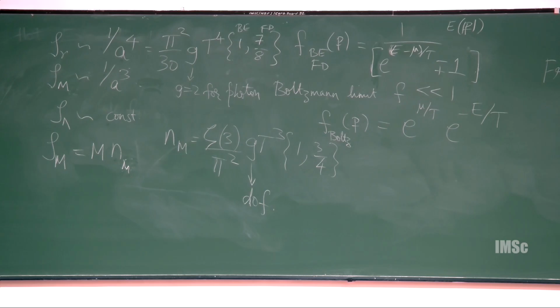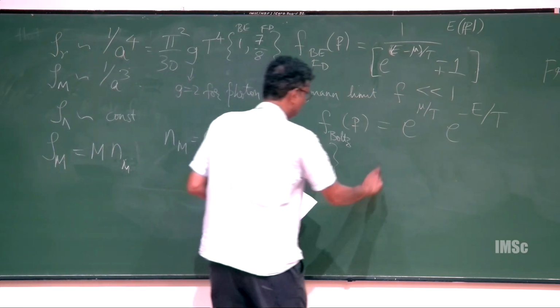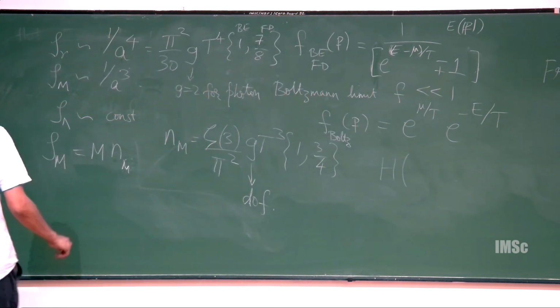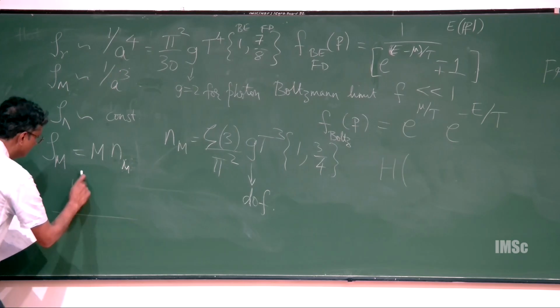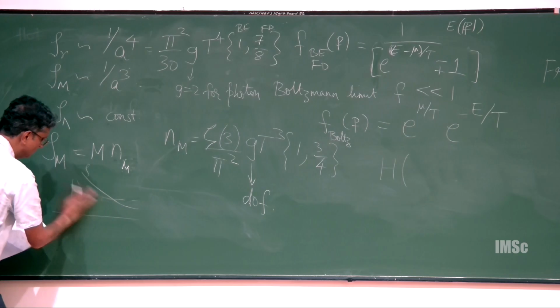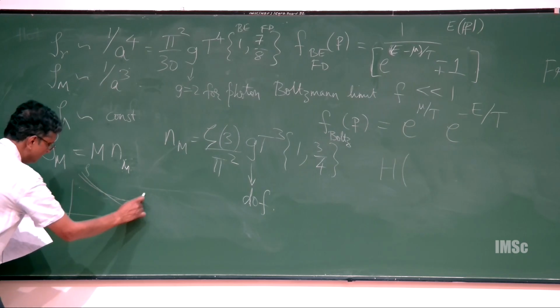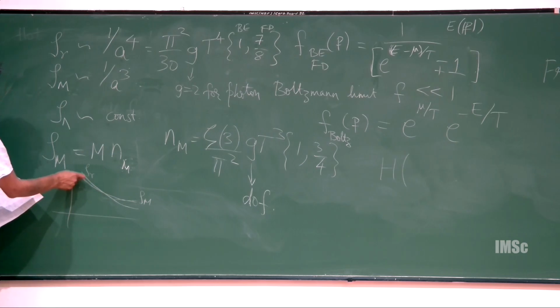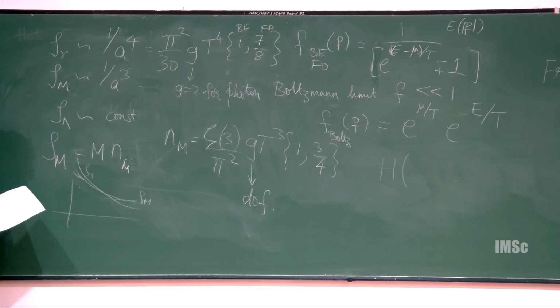One other relation that you can write down is the Hubble constant in the radiation era. As I said, I erased this, but in the beginning radiation will dominate, right? This was our graph. Eventually matter will become important, but at early times it will be overwhelmingly radiation because that goes like 1 over a to the 4th.